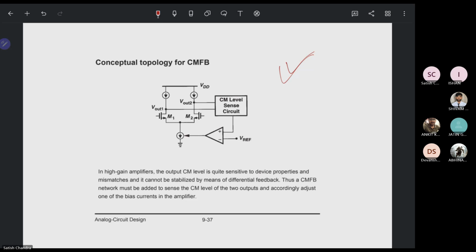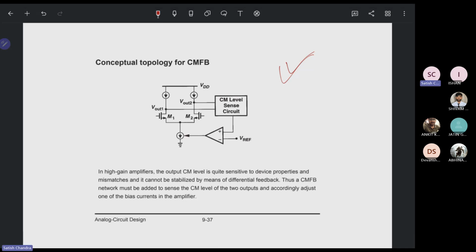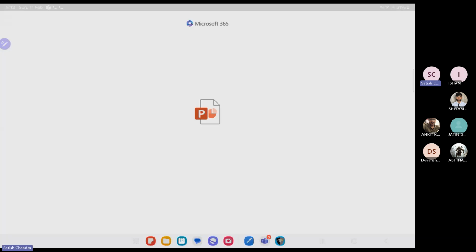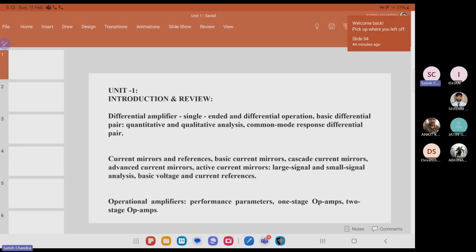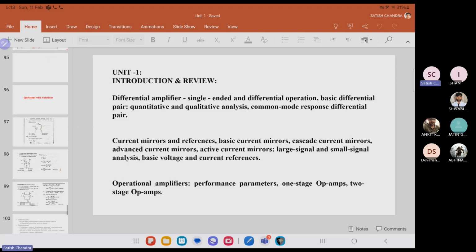Along with this, I'm going to share this PPT with you. We have several numerical questions based on unit 1, which I've covered.